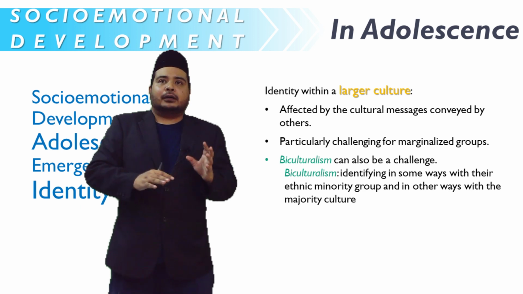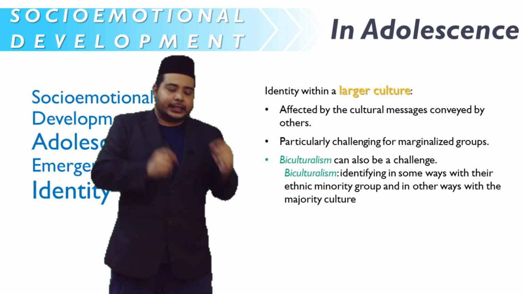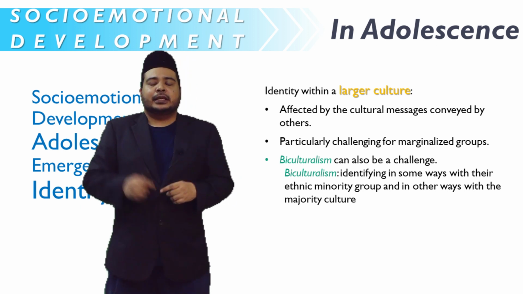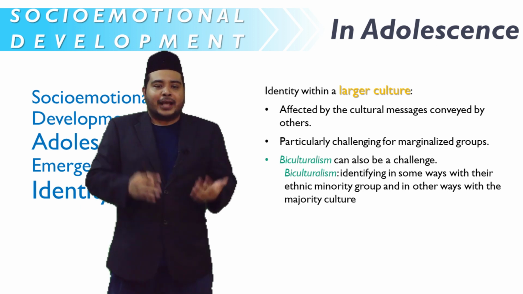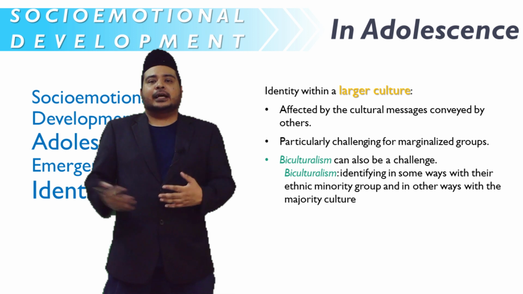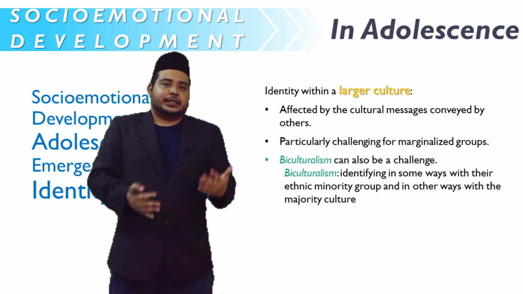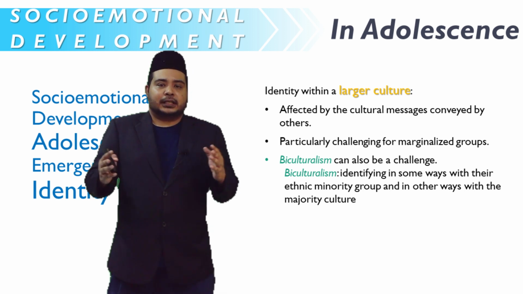When we talk about socio-emotional development, which we relate to identity development in adolescence, there is another factor that also influences one's decisions, process, and commitment to develop their identity, which is culture. Identity within a larger culture.